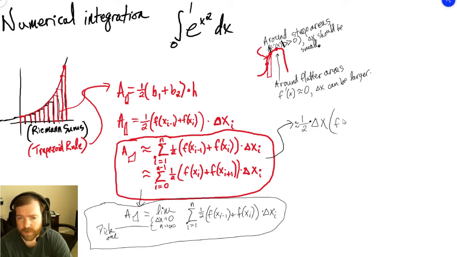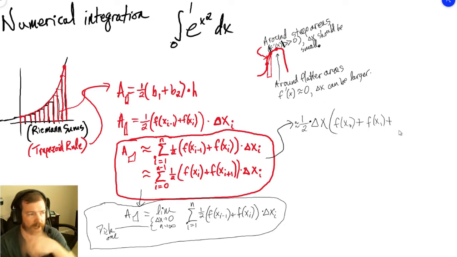So that's f at x 0 plus f at x 1. Then we have the next term. I equals 2 gives us f of x sub 2 minus 1, which is 1. So this is going to be f of x1 again.